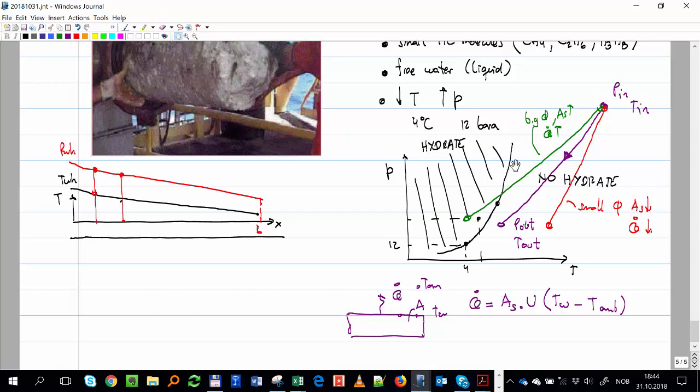Now, one more thing before we take a break. Sometimes I cannot avoid that. Okay. If I make the calculation and no matter what I do, I change insulation, I reduce diameter, I do everything, I still go inside the hydrate zone. Okay, so in that case, I use a method.